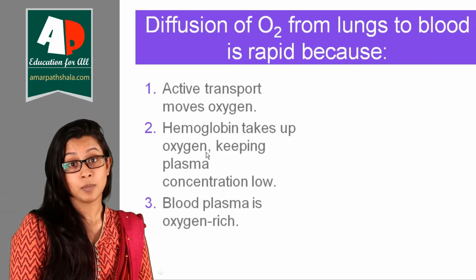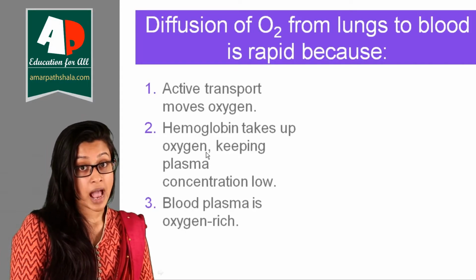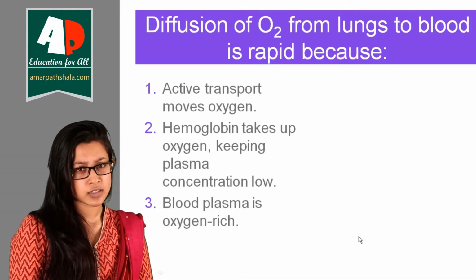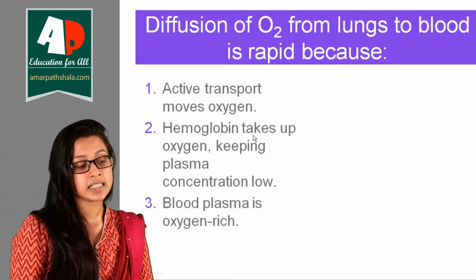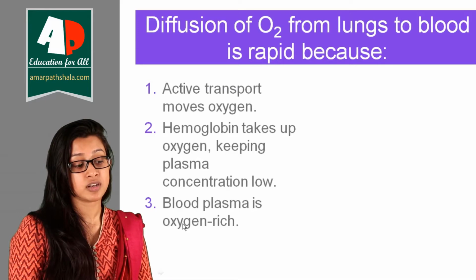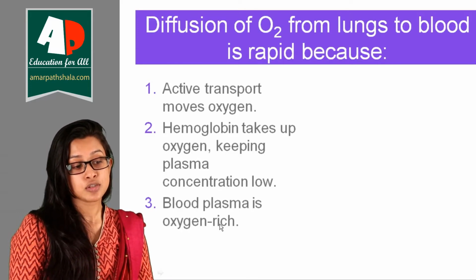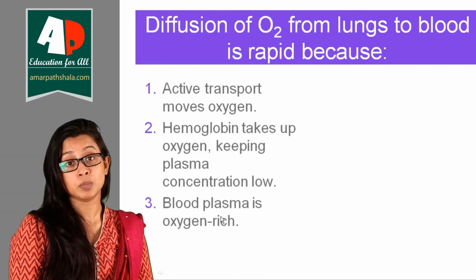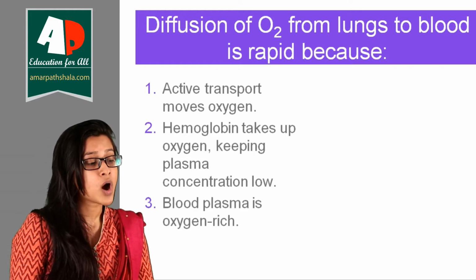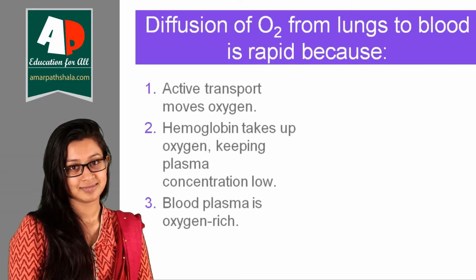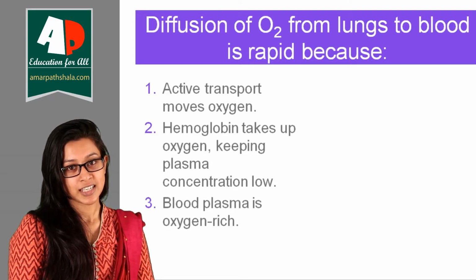Diffusion of oxygen from lungs to blood is rapid because active transport moves oxygen, hemoglobin takes up oxygen keeping plasma concentration low, or blood plasma is oxygen rich. So diffusion of oxygen to blood is rapid because of what? Which one of these points? Yes.